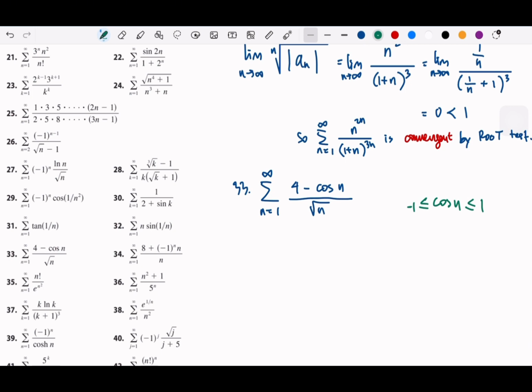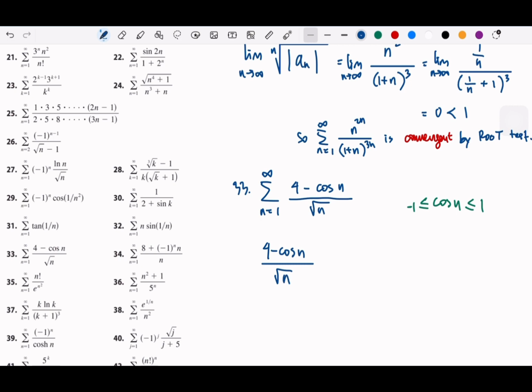This number compared to 4 minus something here, this cos n, doesn't really mean anything, right? Because it's still positive. So suppose that we take the maximum number, suppose that cosine n is at most 1. So we can write 4 minus cosine n.